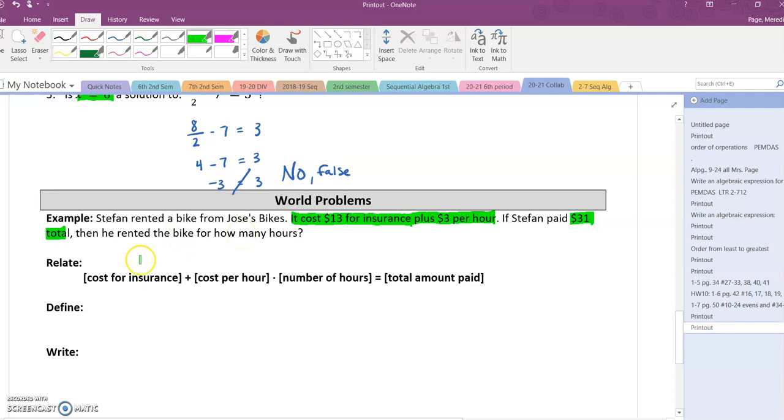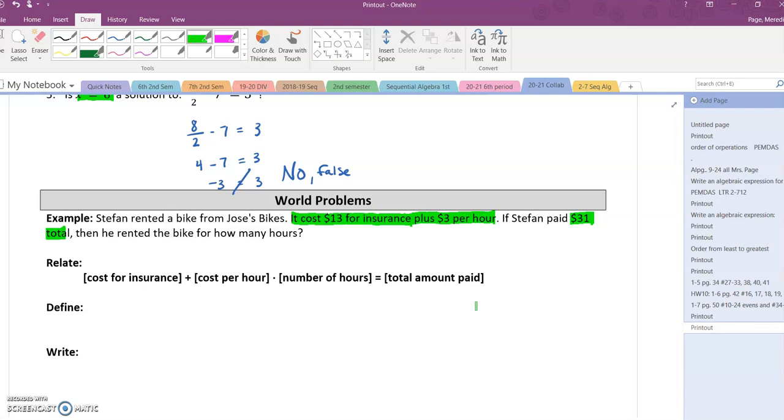So our goal is to figure out how many hours did he rent the bike. So we will always give you guys this relate portion. It kind of sets up the problem for you. So it says cost for insurance plus cost per hour times the number of hours equals the total amount paid. So what you'll notice when we read the original problem, a lot of that information we found in the problem.